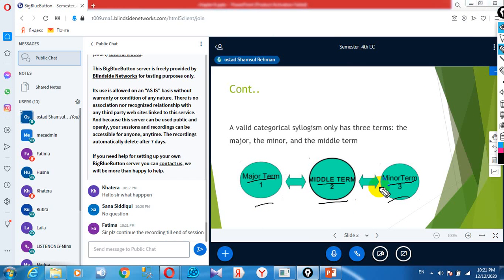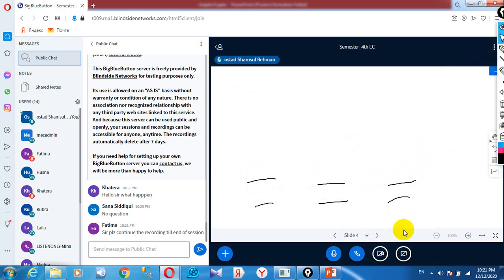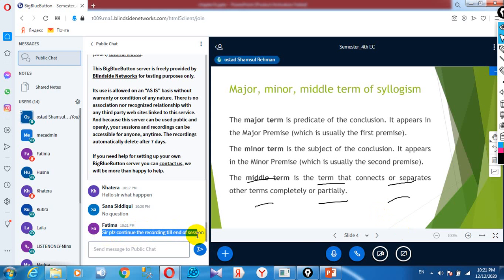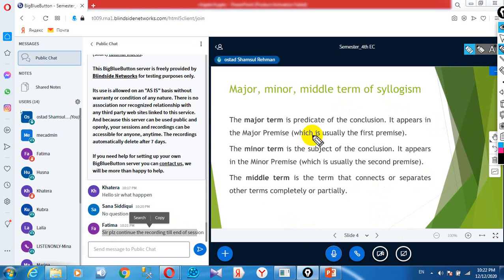Now, for example, here I have given you an example of the syllogism in slide number 4. What are the minor, middle and major terms of the syllogism?